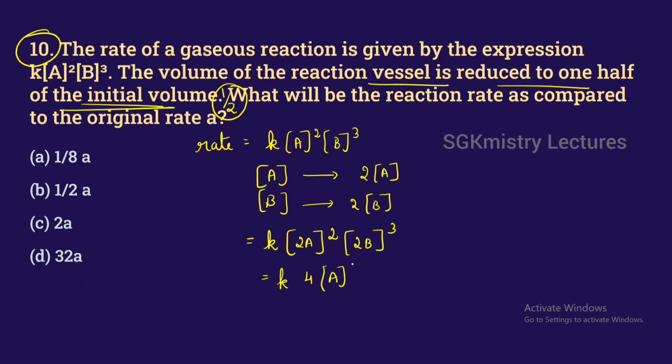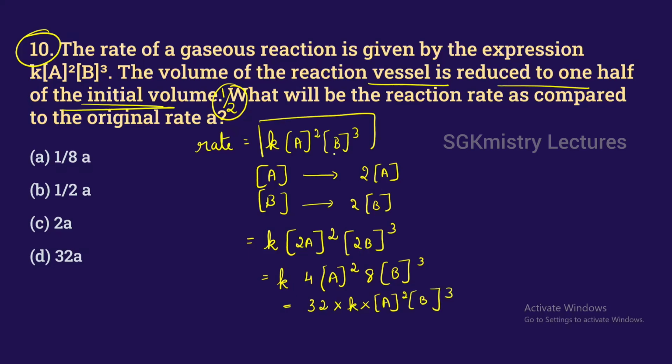And here we have 2 cube is 8, 8 into B cube, right? So now we have 4 into 8, that is nothing but 32. So 32 into K into A square into B cube.